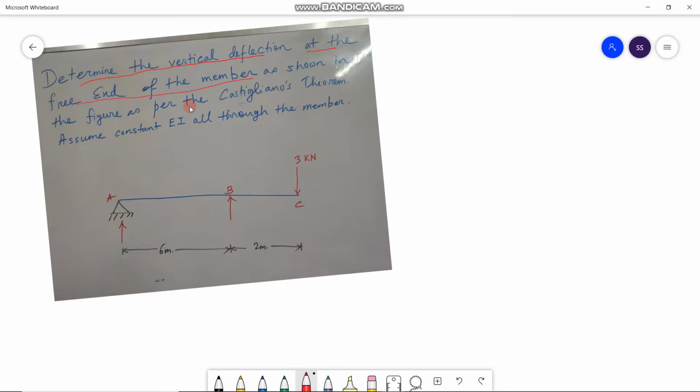That means we have to calculate the deflection at point C as per Castigliano's theorem, given that EI, the flexural rigidity, is constant throughout the section, from A to point C.